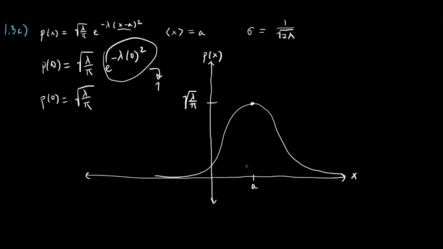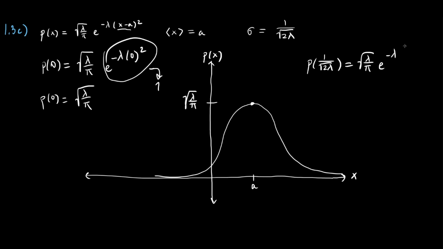And the standard deviation, we could plug that in. So it's going to be 1 over the square root of 2 lambda is equal to lambda over pi e to the negative lambda. And then in order just to get an idea of what the standard deviation will be, we'll just assume that a is equal to 0. It will simplify the calculations a lot.